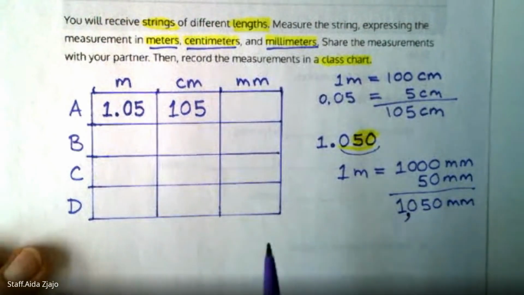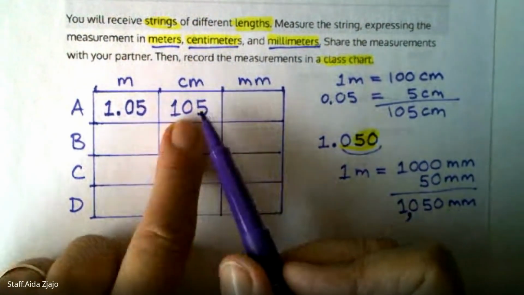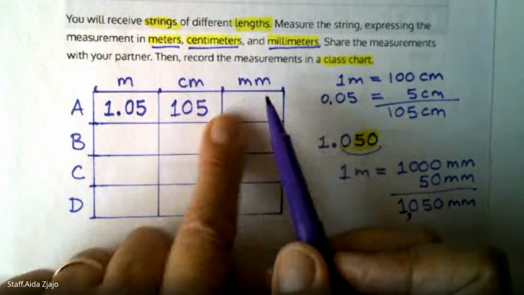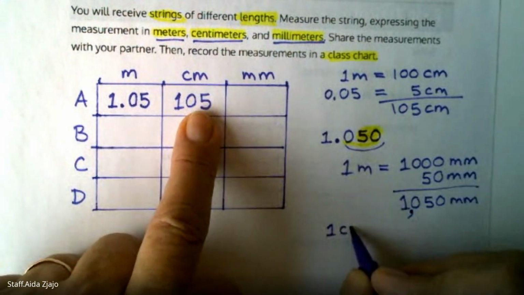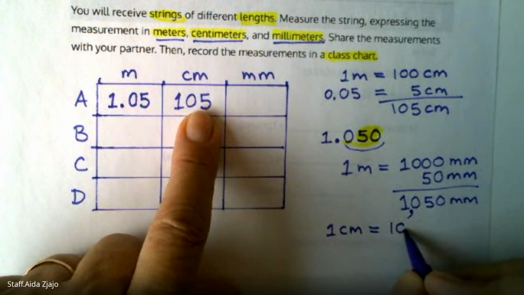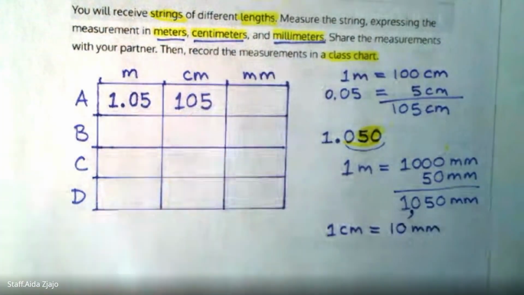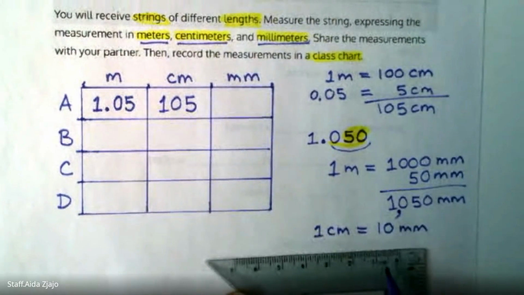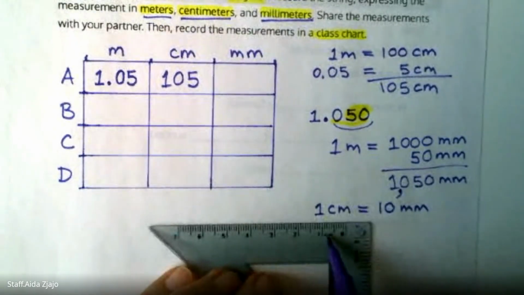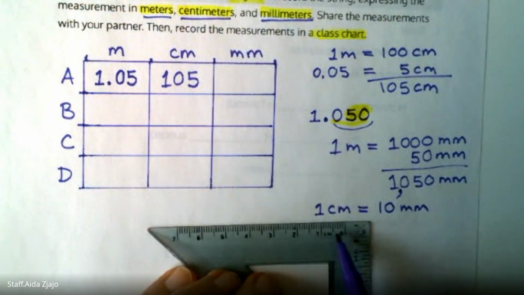If you are thinking from centimeters to millimeters, you know that 1 centimeter is equal to 10 millimeters. Look, this is 1 centimeter. From 0 to 1 is 1 centimeter, but then there are 1, 2, 3, 4, 5, 6, 7, 8, 9, 10 millimeters.